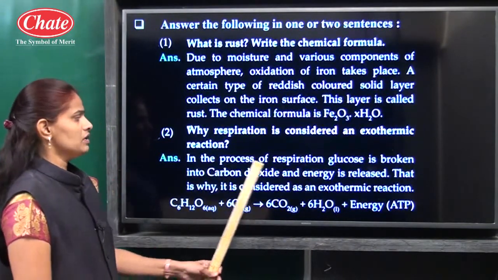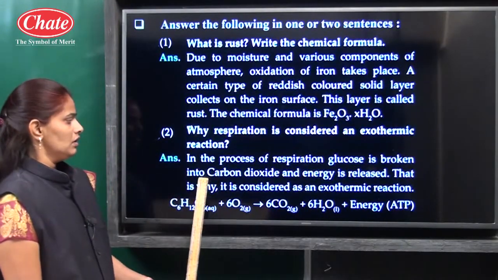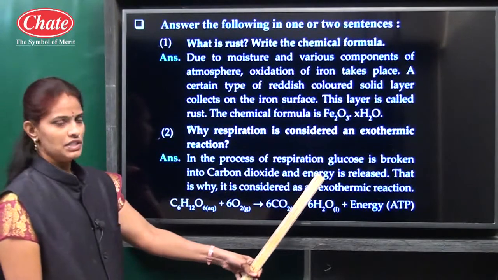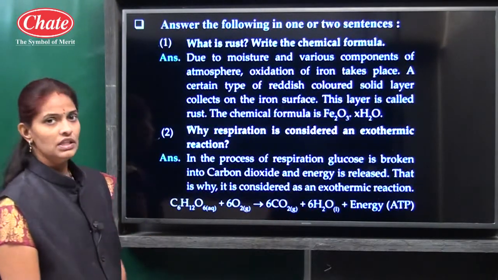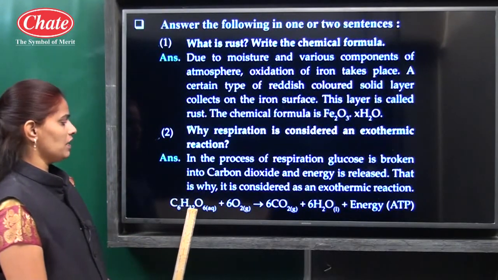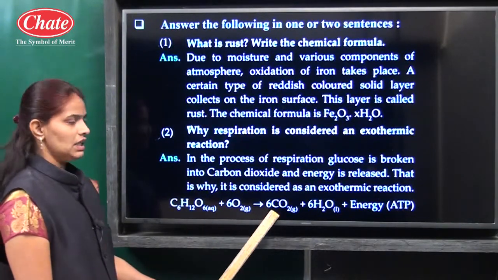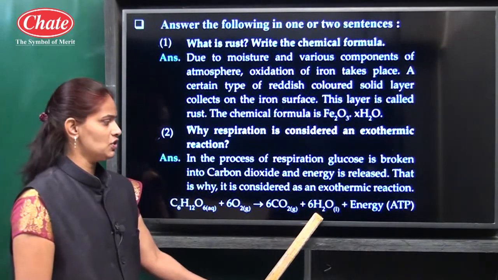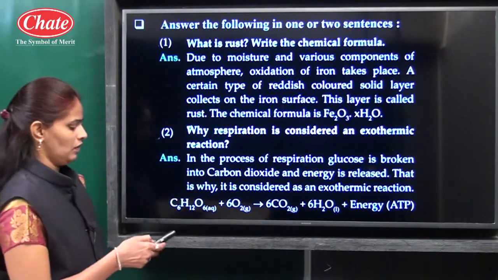So in respiration, glucose is broken down into carbon dioxide and energy is released. So that is why it is considered an exothermic reaction. See the reaction here: glucose C6H12O6 plus 6O2, means oxidation of glucose. It gives 6CO2 plus 6H2O along with 38 molecules of ATP.